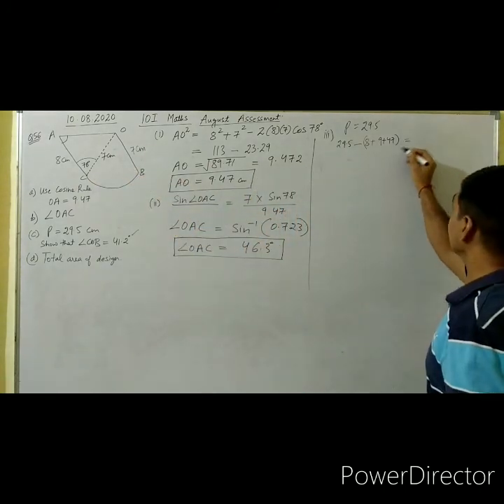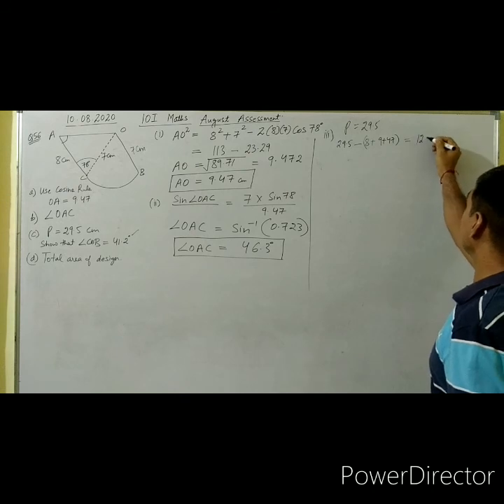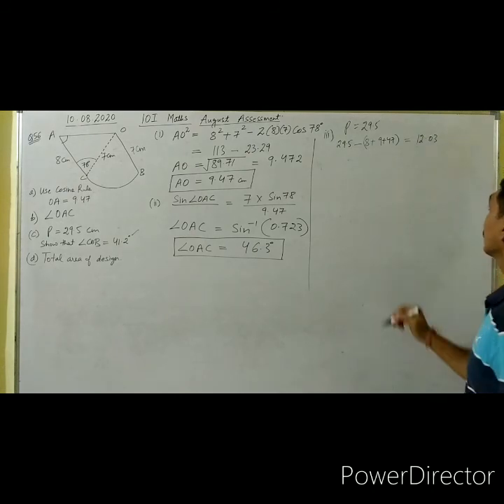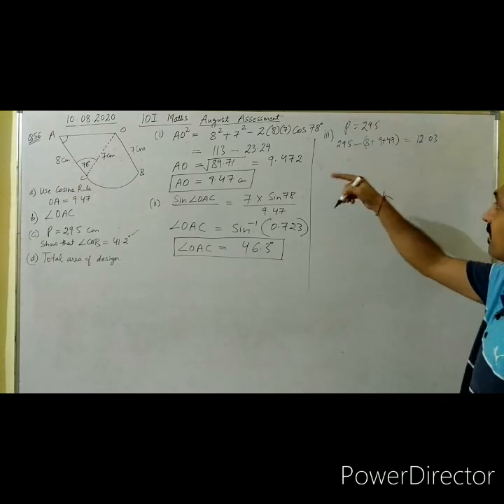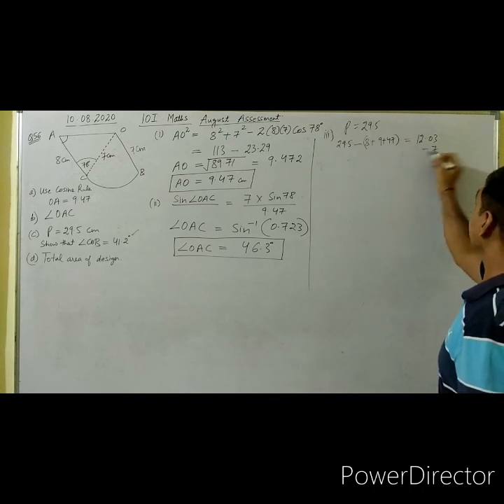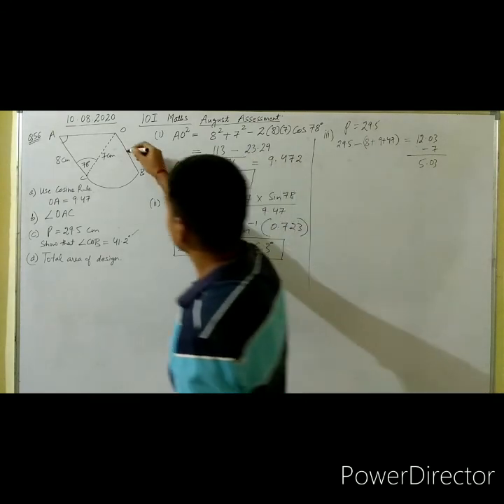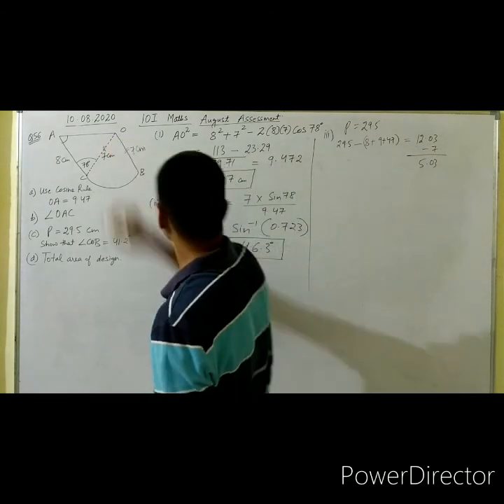So it is left with 12.03, or we can even subtract this 7 also, the CB directly, that is 5.03, because this length is also the radius, that is 7.